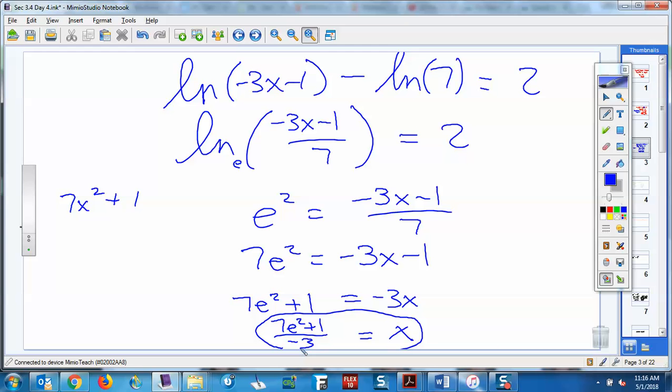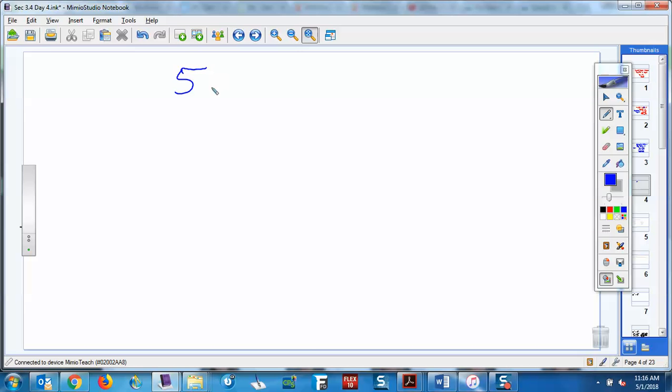Other worksheet number 23. 5e to the 2.9m minus 2 plus 6 equals 94. Okay, so with exponentials, a little bit like logs, if there's just one in the problem, you want to get it by itself. Okay, so we want to subtract 6.